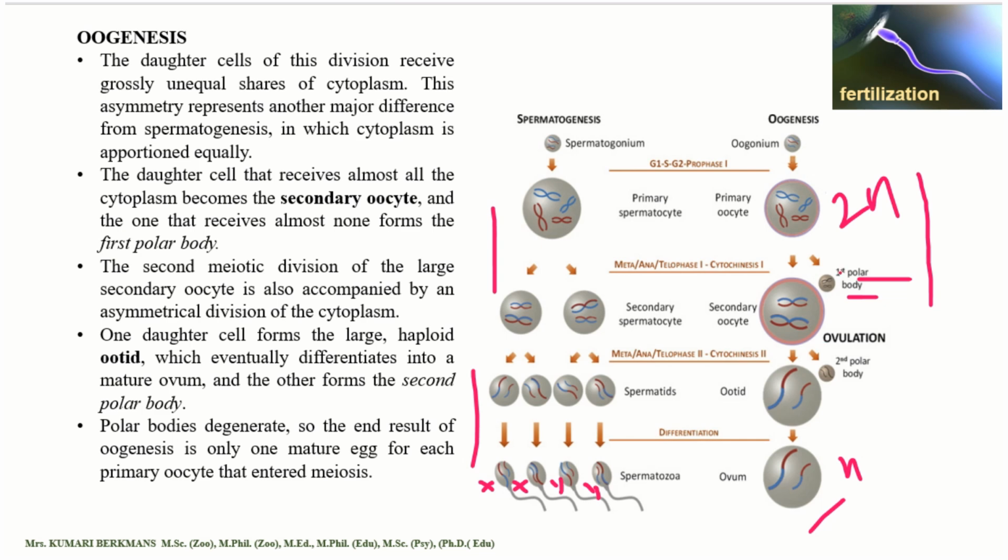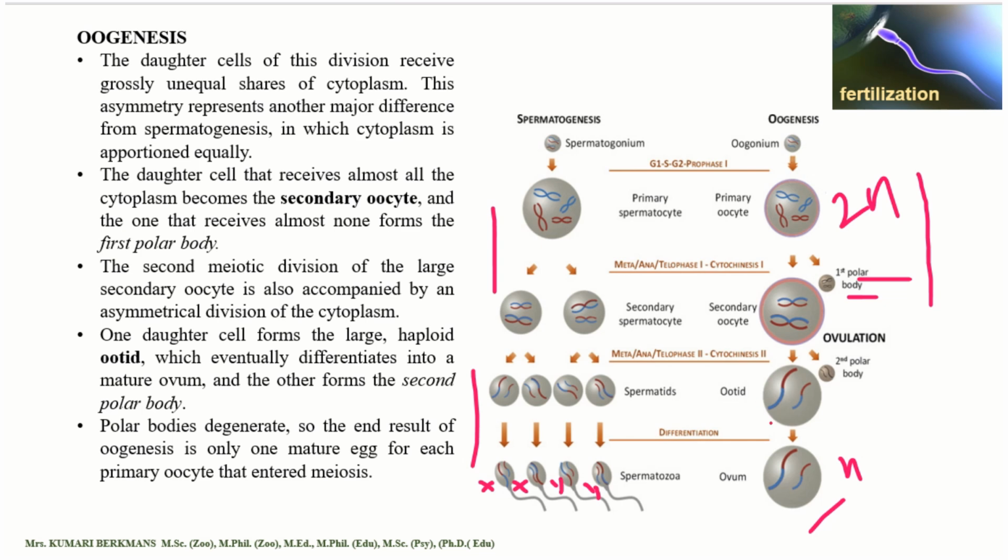So how many polar bodies are forming? Only 2: the first polar body in the first division, and the second polar body in the second division. The chromosomes move there, and the cytoplasmic differentiation is very good here and very poor there.